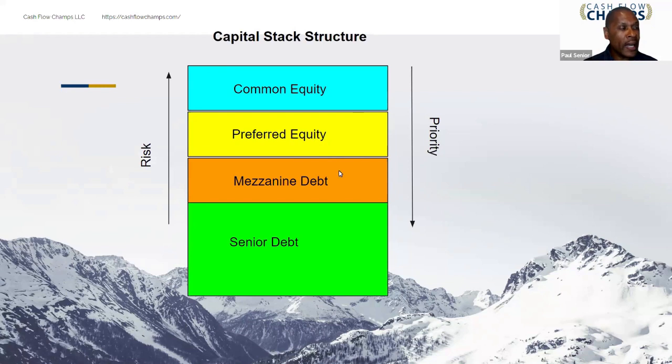Another similarity between the mezz and the pref is that both have default remedies in case the borrower cannot comply with the loan terms. Then the lenders have an option in terms of what to do, either foreclosing on the interest itself or foreclosing on the property itself.